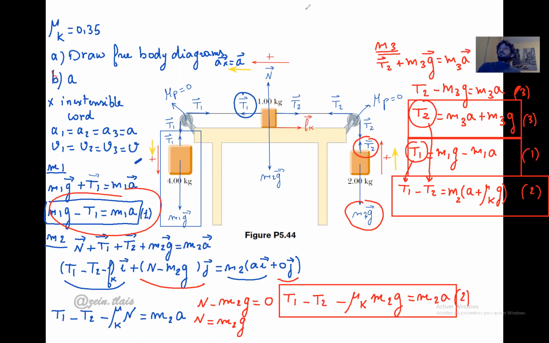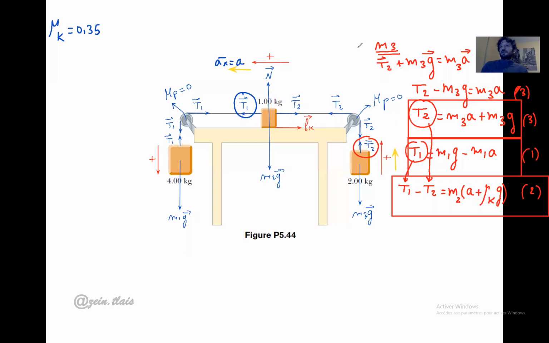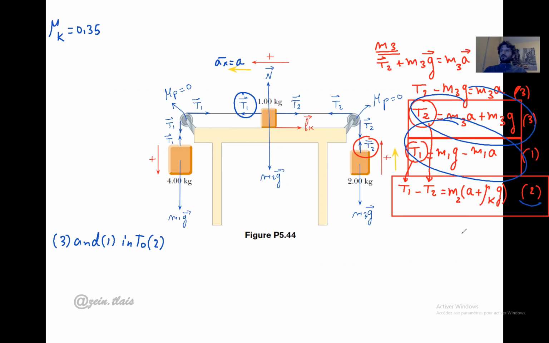Let's clean. So we have to put equation 3 and 1 into equation 2. Okay, this one and this one is the equation 2.